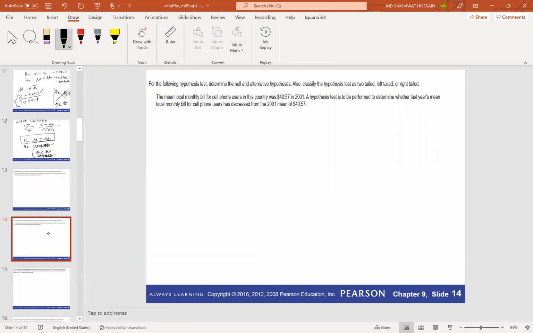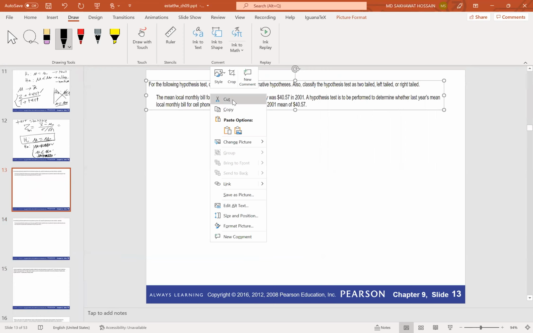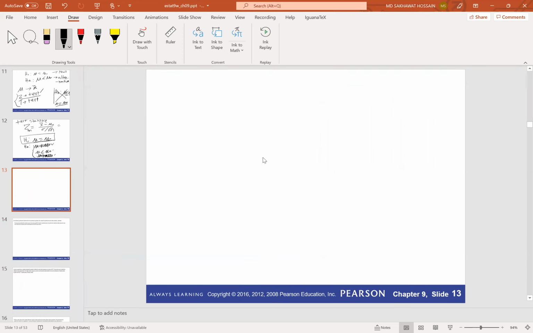We'll make this decision based on the data we collect, right? The problem is that we are making the decision based on sample data, and different samples can give different results.